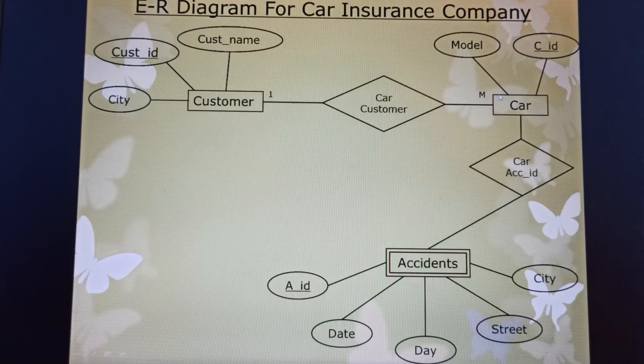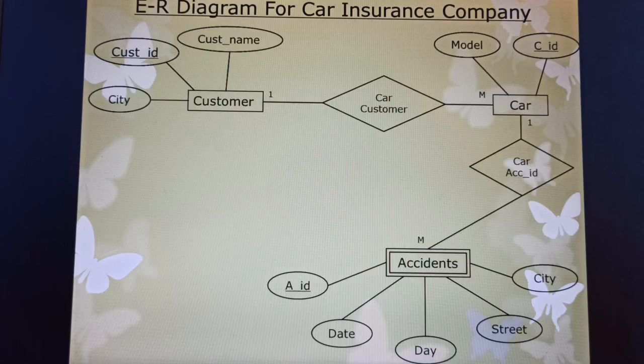The car and accidents is also represented using one to many mapping cardinality because one car can have multiple accidents. Therefore this is represented using a one to many relationship. Understood? This is the process of drawing an ER diagram of a particular problem.